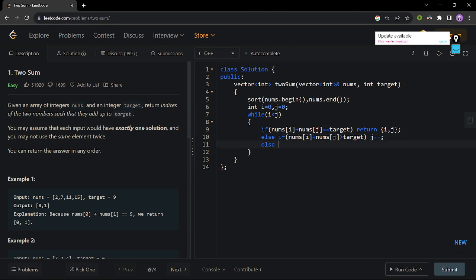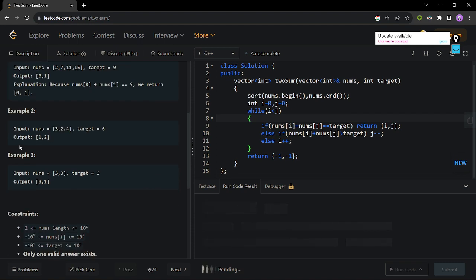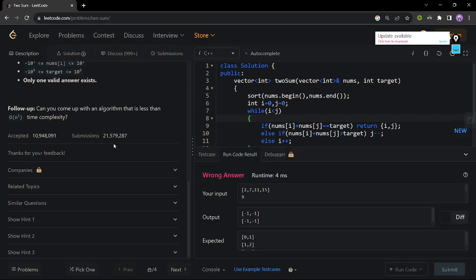Otherwise, if this sum is less than target, then I'll go to the right side, that means i plus plus. Otherwise, at the last I'll return -1 -1. So this will be our efficient time complexity. This will be very efficient.